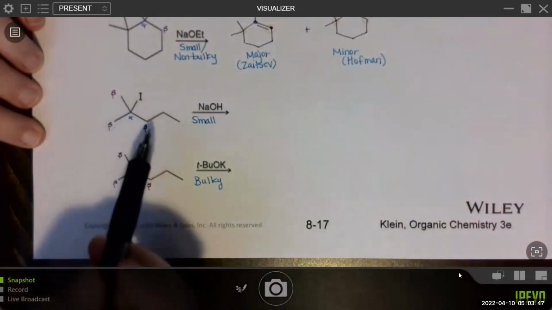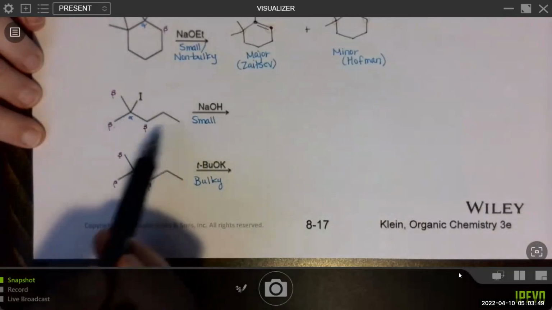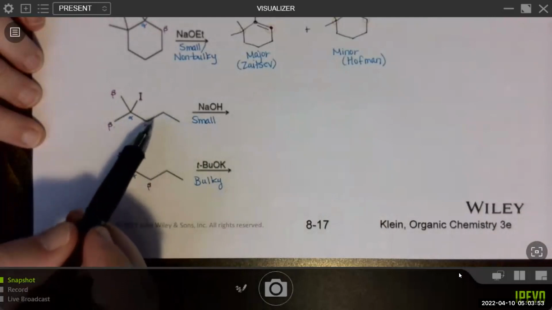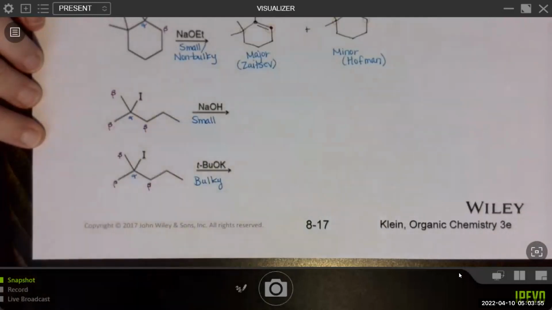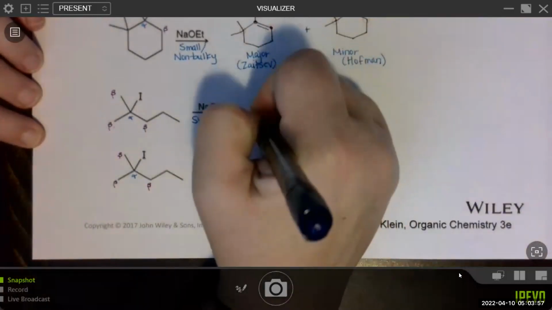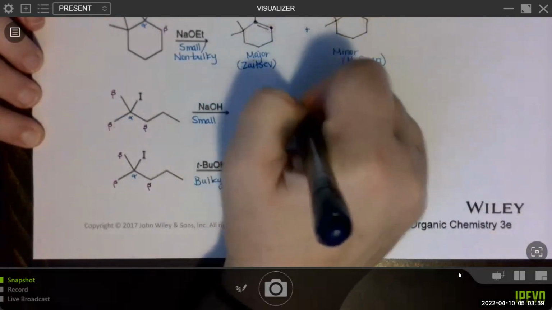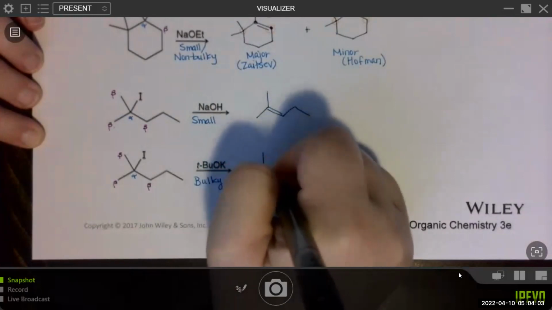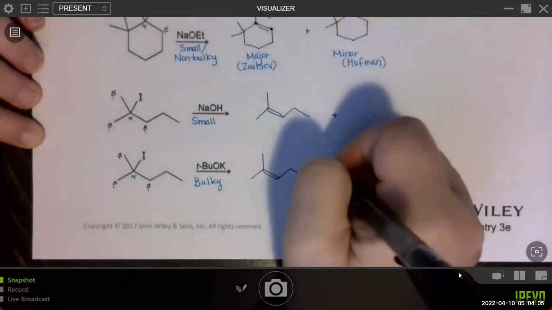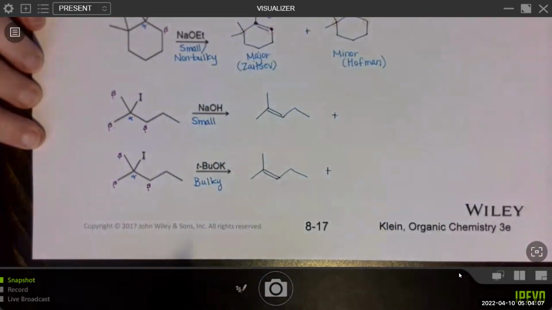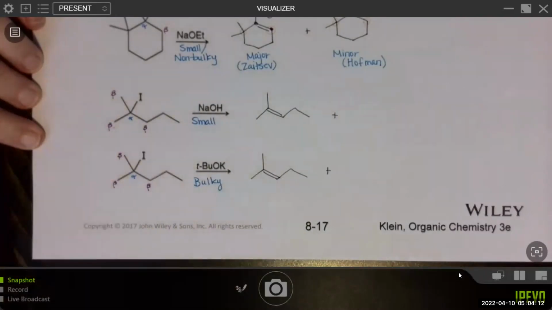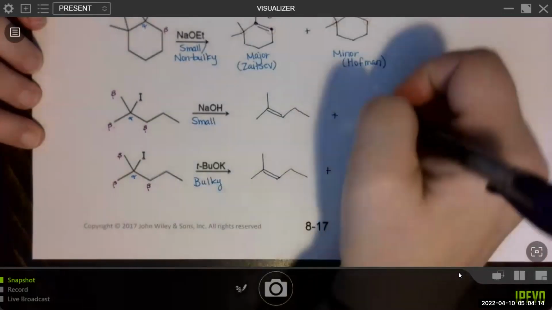Recall that the Zaitsev product will be formed on the larger alkyl group because it'll form the more substituted alkene, which would look like this. And the Hofmann product will be formed from removal of the proton at one of the smaller alkyl groups, and it'll give a less substituted alkene.